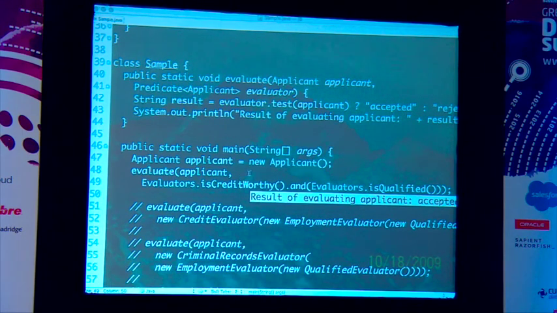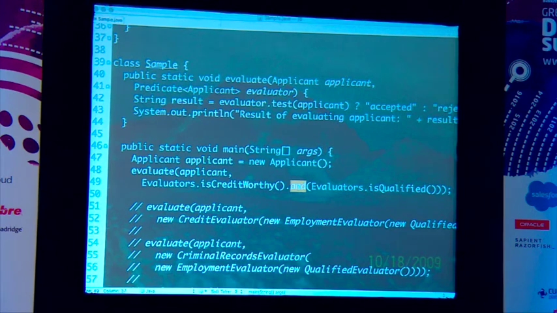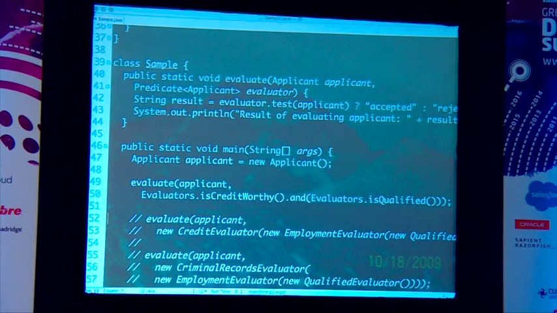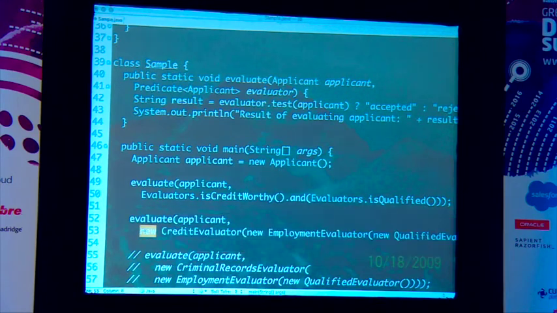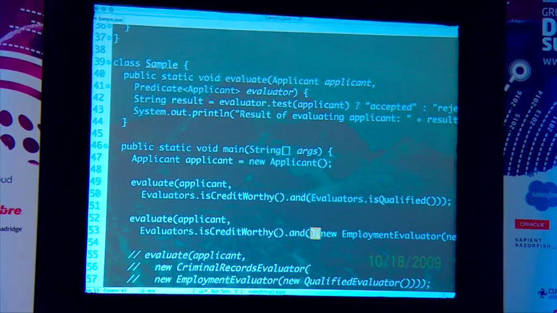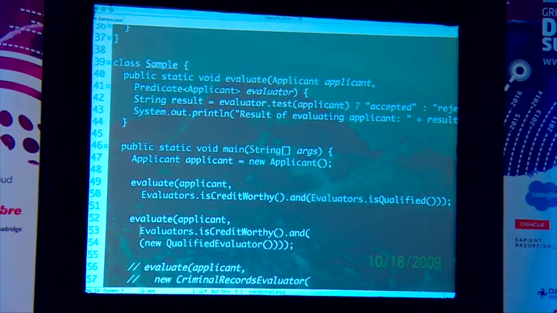But the beauty of this is we can combine using the predicates. Benefit, let's go to the next one. Evaluators, this is a credit evaluator. So evaluators dot is creditworthy. And what are we going to use next? Employment evaluator.